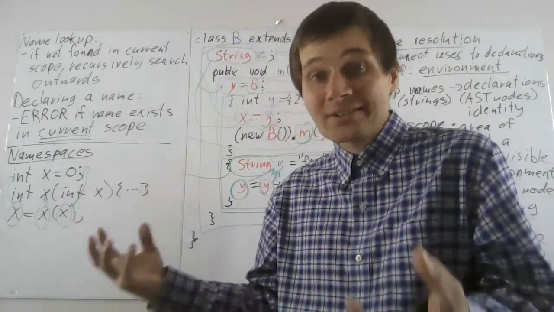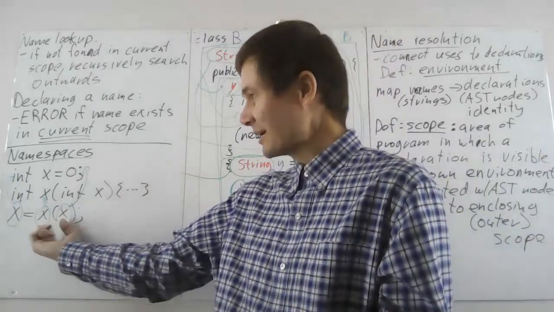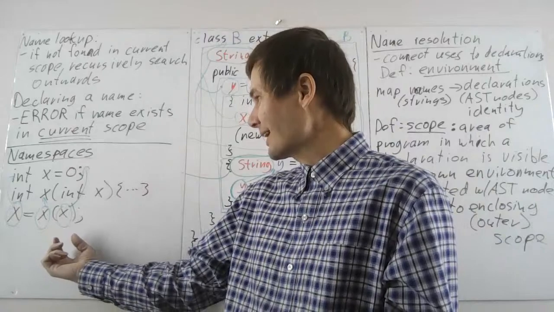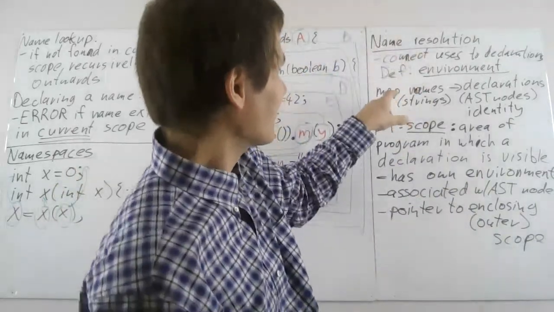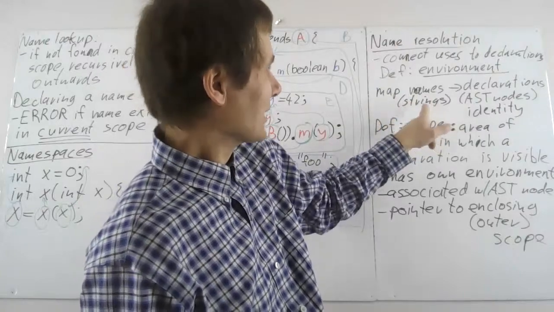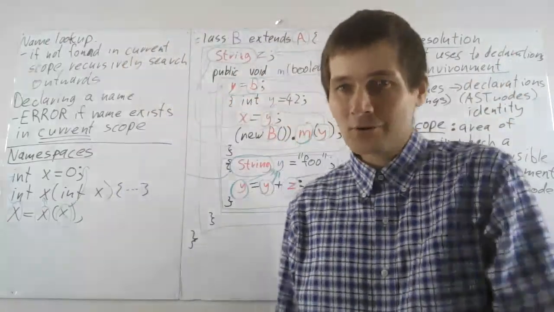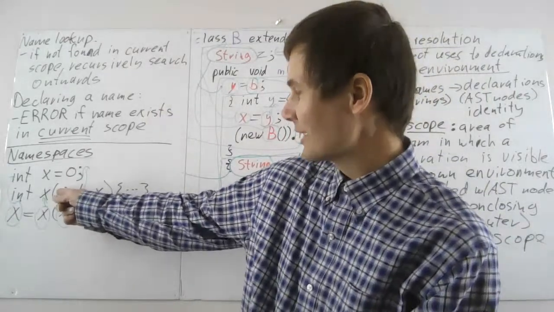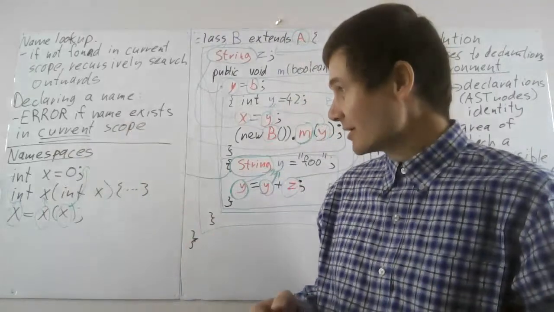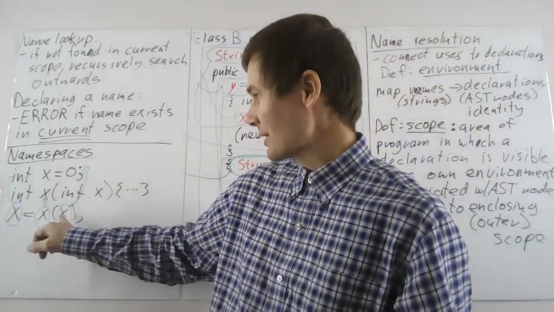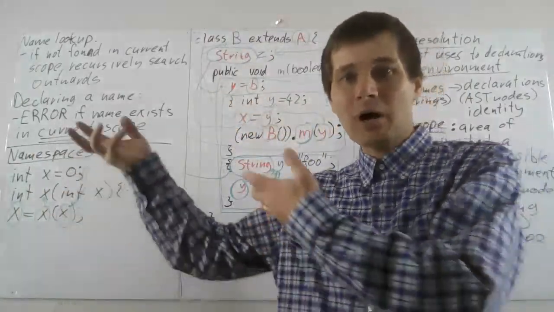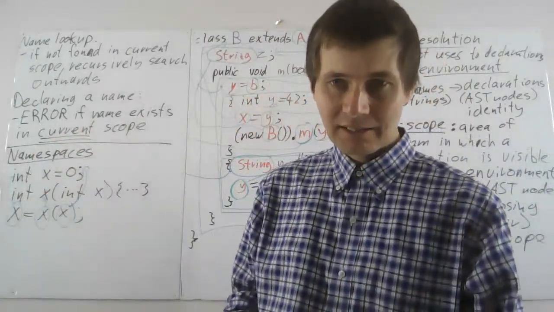We're in the same scope, in the same place. If I look at my environment and look up the name X as a string, it's going to give me some AST node. Should it give me the method declaration or the field declaration? I don't know. There are really two different X's in the same scope, one a method and one a field.